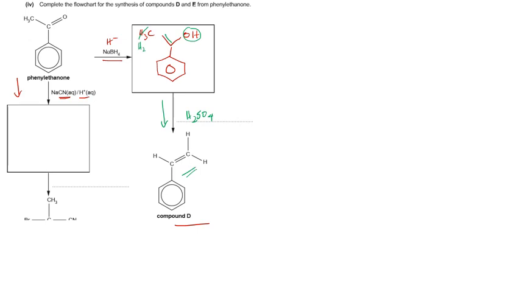So let's draw out the hydroxynitrile that we get. We've still got our CH3, and we're going to have a hydroxyl group and a cyanide group on there, and the benzene ring remains.